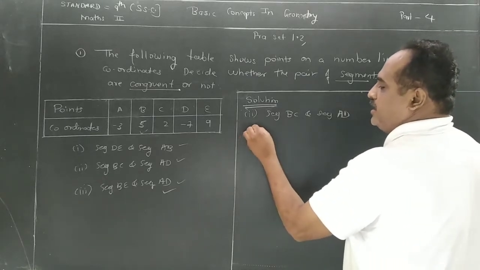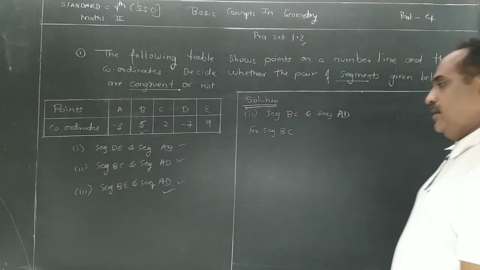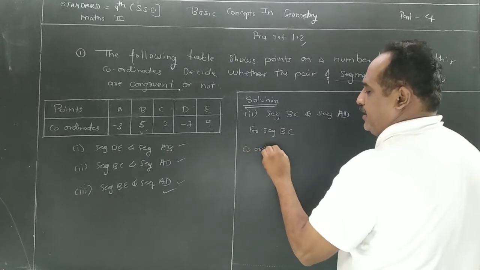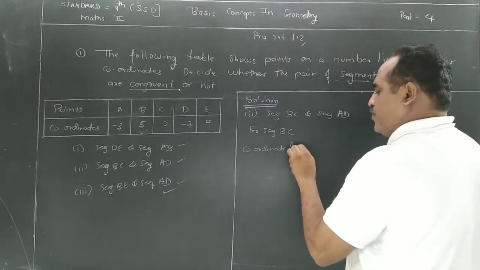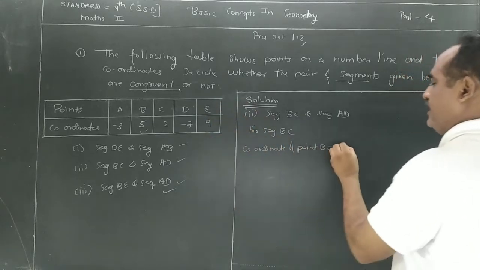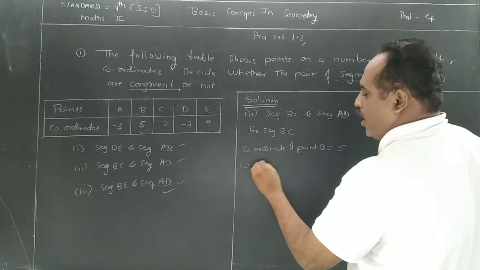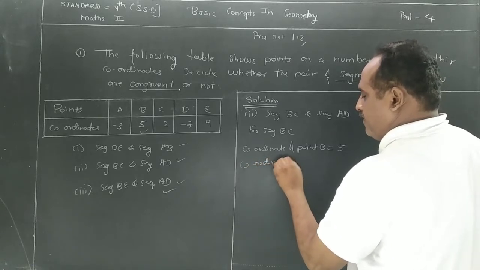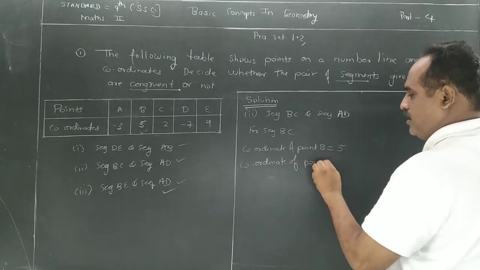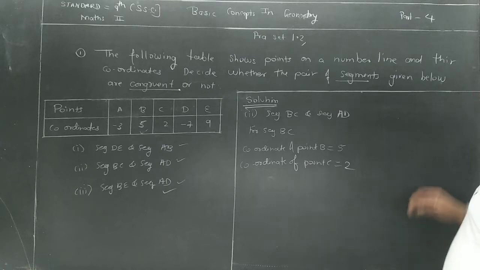So what am I going to write? For segment BC, what is the coordinate of point B? 5. What is the coordinate of point C? C is 2.